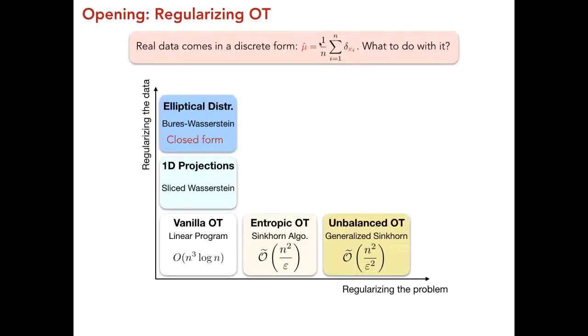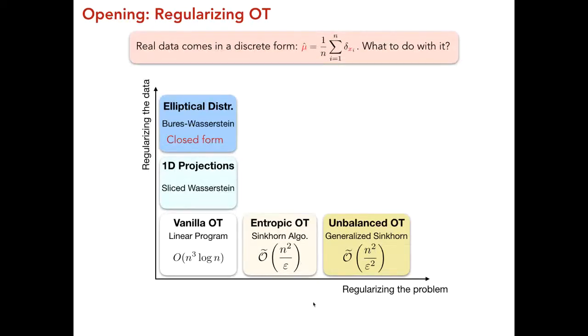The first one is to keep our distributions as such and compute optimal transport without any form of regularization, which has several drawbacks, the main one being that it's very expensive. If we want to alleviate this problem, then we have two options. The first one, and maybe the most widespread, is to regularize the problem by adding entropic regularization, which defines the Sinkhorn divergences, for instance, or we can even relax the marginal constraints and get unbalanced transport, and this alleviates the cost.